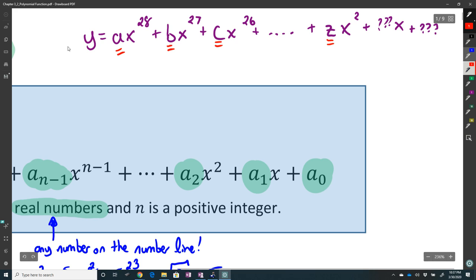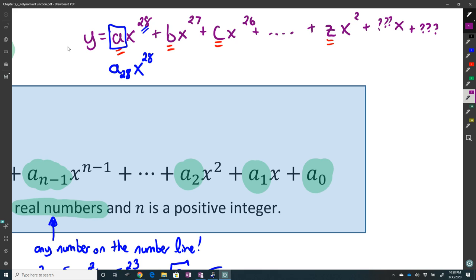So what they do instead is they just adopt the first letter and they give a subscript. Well, this is the 28 x to the 28, so I'm going to call it A subscript 28. And all that 28 means is the number in front of x to the 28.